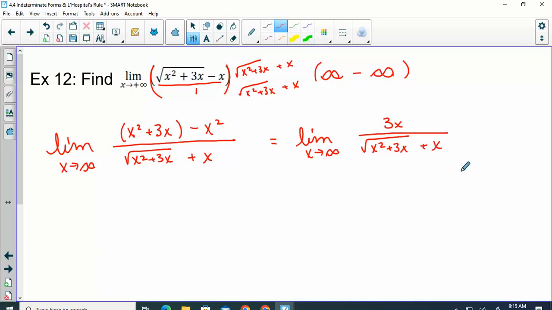And we get to here. All we've done to this point, this isn't calculus, this is just algebra. We were reducing things. If I look at this, 3 times infinity is infinity. On the bottom I have infinity plus infinity, which is infinity. So infinity over infinity tells me what? L'Hopital's.